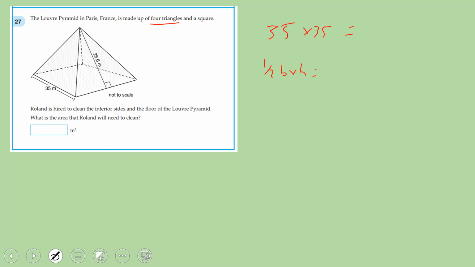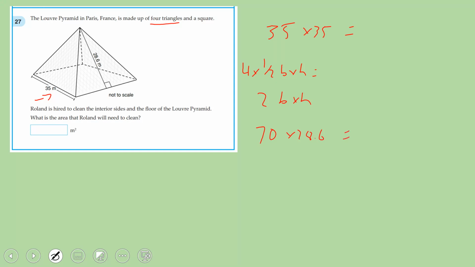Well, one way that you could do it, instead of halving this, because I've got to do 4 triangles, 4 times a half equals 2. 2 times the base, 2 times 35 is 70. So that's my 2b. Your height is 28.6, which is pretty close to 30.